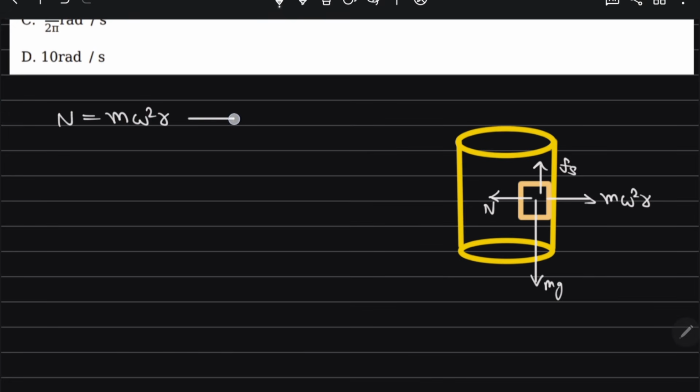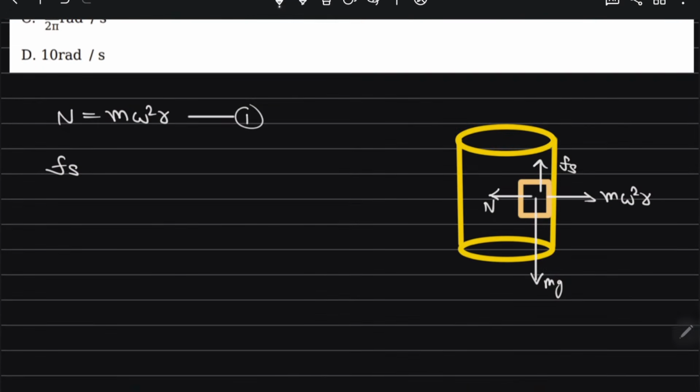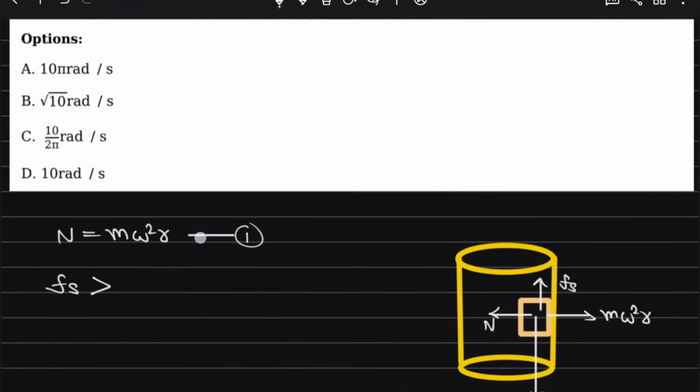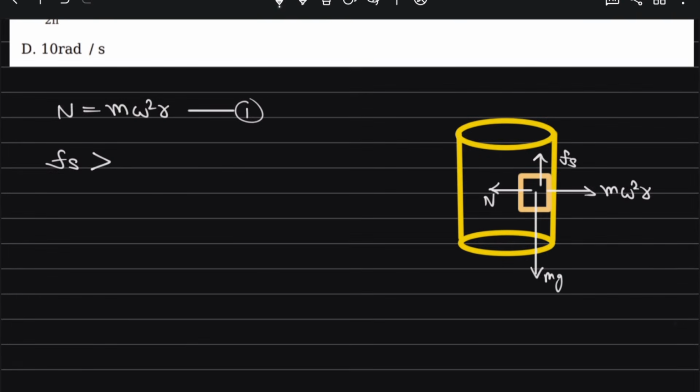This is our first equation. Here fs must be, since they are asking for the minimum angular velocity, the block stays stationary only when fs is greater than or equal to mg.